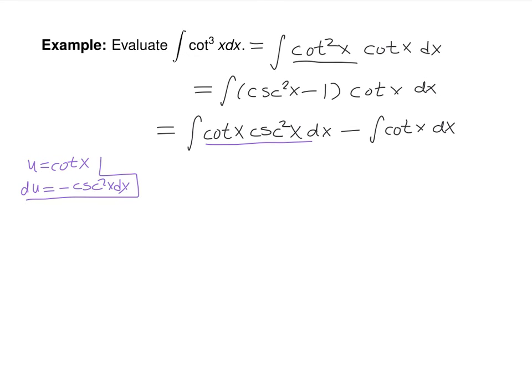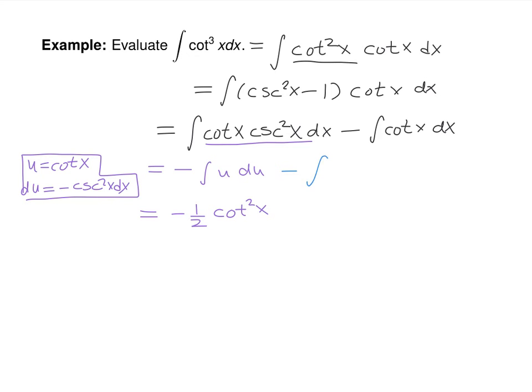So that first integral just becomes negative integral u du. It's that easy. So negative 1/2 u squared, negative 1/2 cotangent squared x. That's the first part. Now this next part, the way to think about cotangent is kind of like how we would have derived the formula for the integral of tangent.